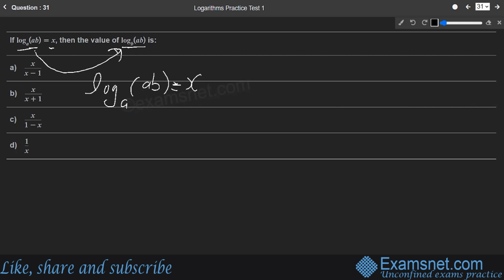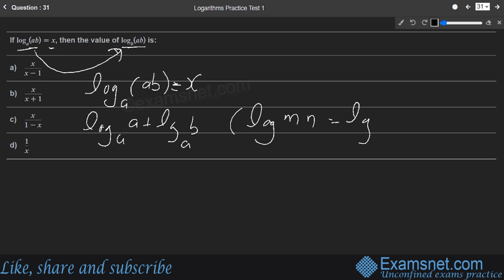So clearly this can be separated as log base A A plus log base A B. The property used is simply log mn is equal to log m plus log n. They are separated by a plus sign and the sum is equal to x.